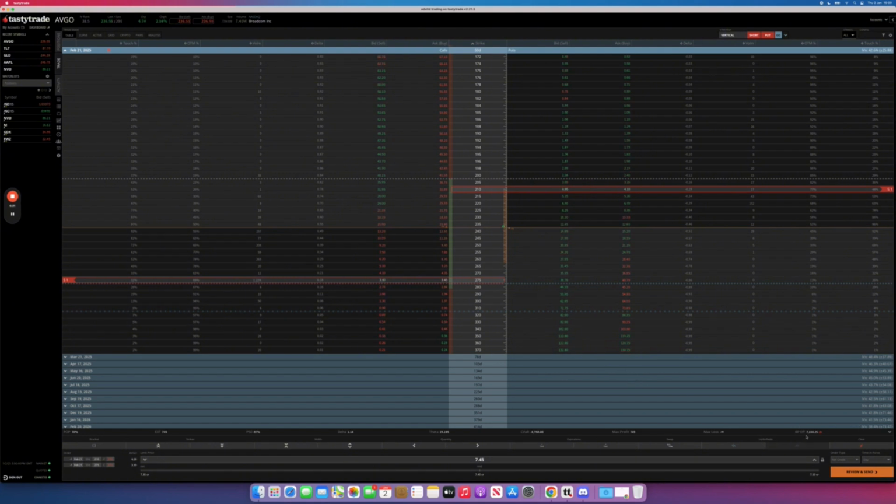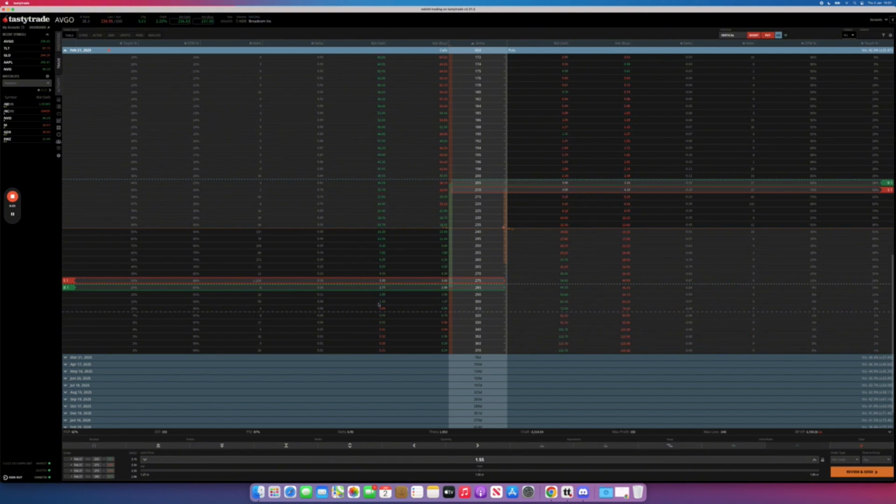However, $7,000 is probably too much for most people to have tied up on any one position. So what we can do to manipulate this position to fit inside your portfolio is simply use some of this premium that we're going to collect up front to buy some contracts to cover our shorts. So if we just go one strike further out, we can buy the 280 on the call side, and on the put side we can buy the 205, which is going to cost us in premium.